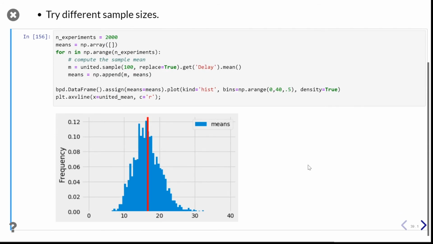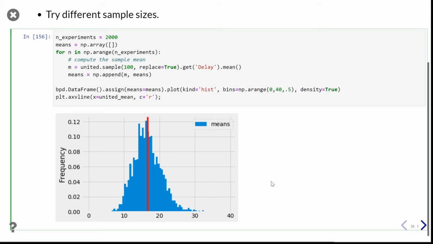The distribution gets wider. Sometimes I'm seeing sample means out at 30 or even 33, way off, right? That's because my sample was small and I'm just getting unlucky. But as I increase the size of the sample, the distribution becomes narrower. It becomes a narrow band around the correct answer.